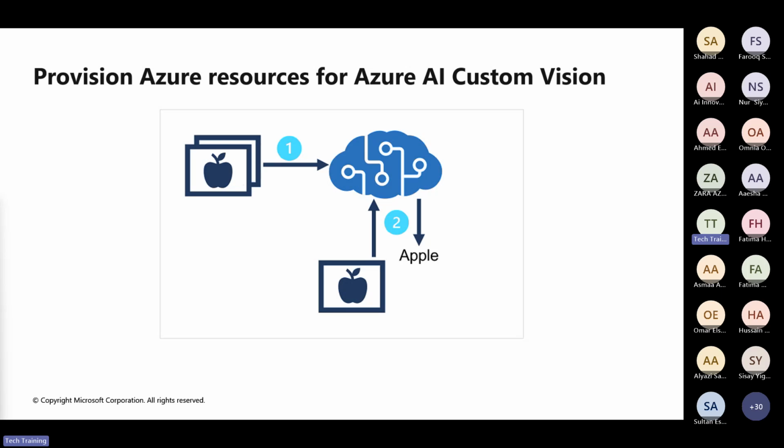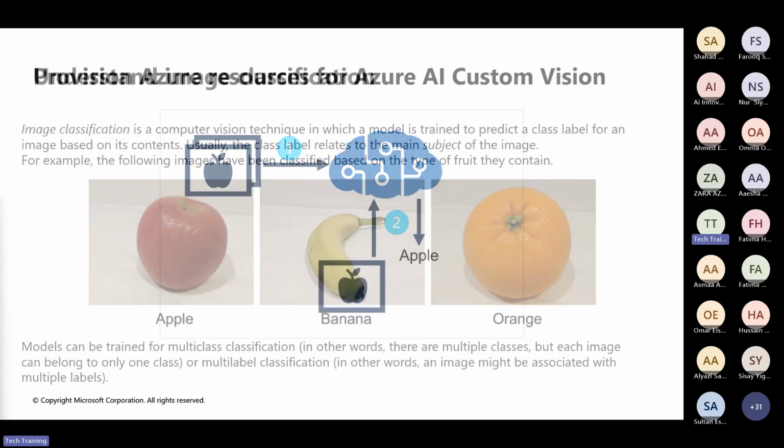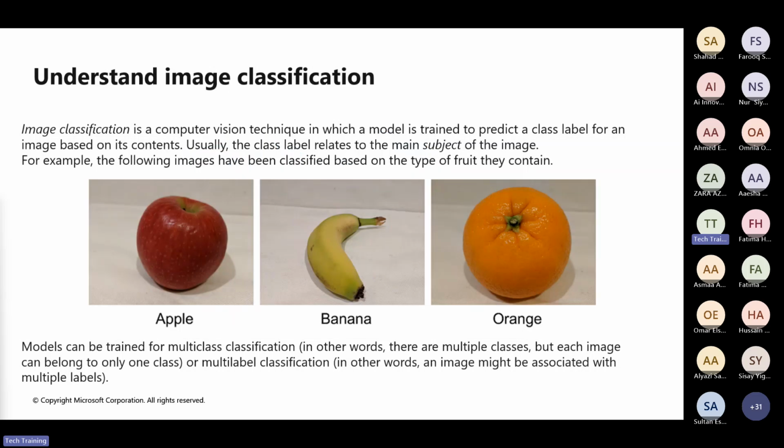So take into consideration that we are going to create an Azure Custom Vision. Beside that, how does the model know the object in the image? This is by training the model.